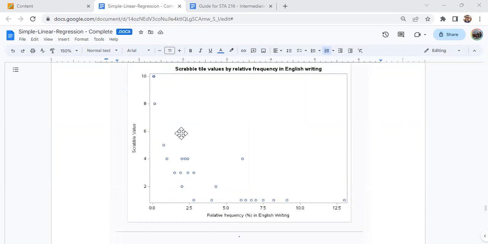So I would disagree that that's a good way to check that assumption. We'll check the scatter plot between X and Y. That's what I would suggest.